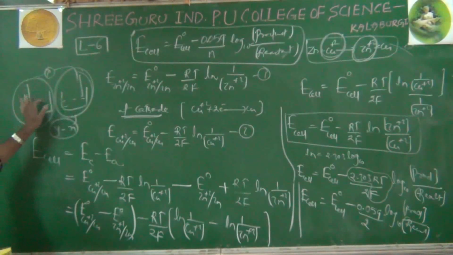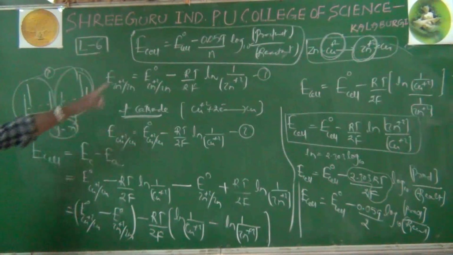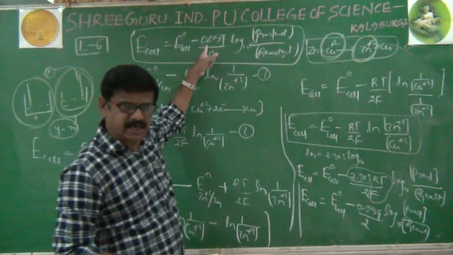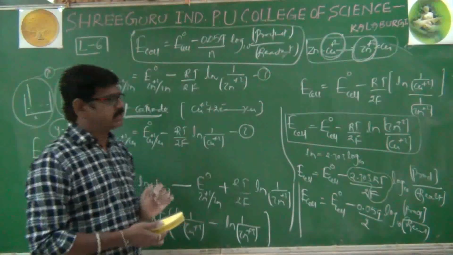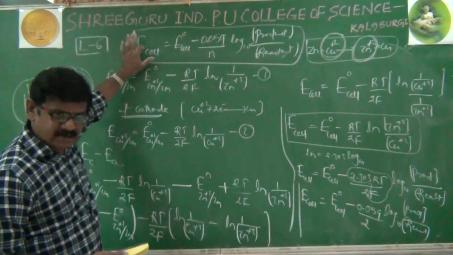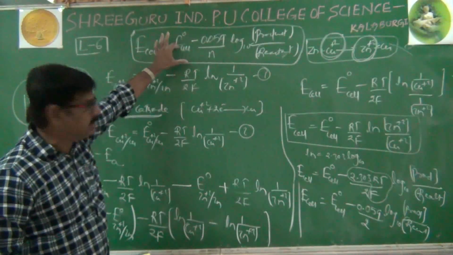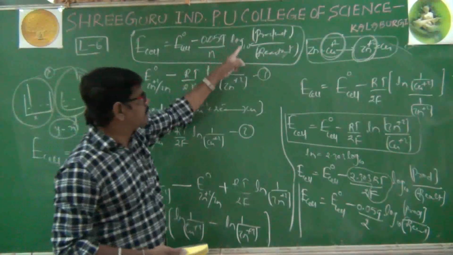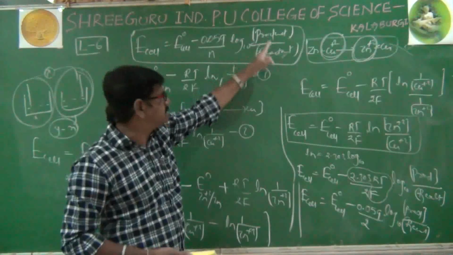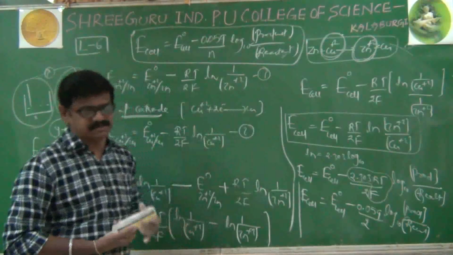Instead of that individual process, if you directly use this formula, you will get the cell potential without any problem. That is, E cell, the cell potential, is equal to E naught cell minus 0.059 by n log base 10 product concentration divided by reactant concentration.